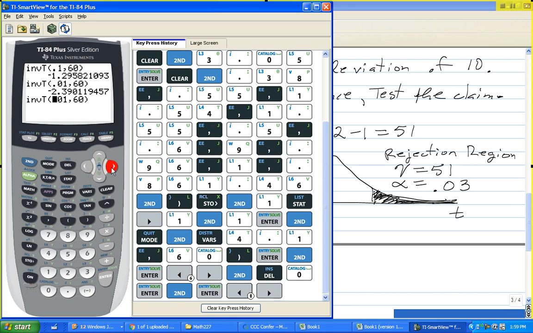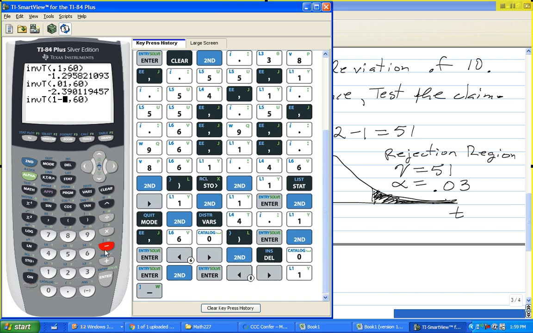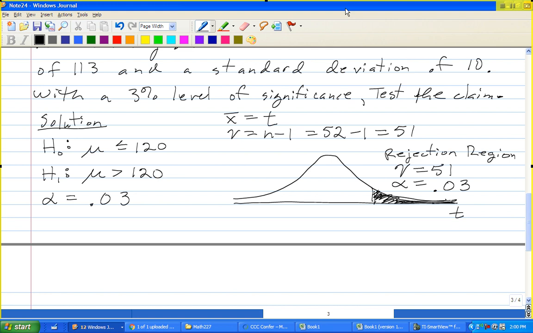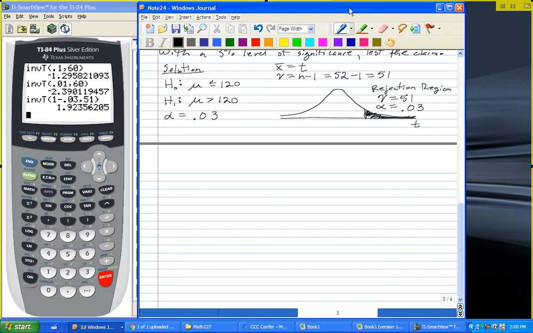So it's 1 minus 0.03, with degrees of freedom 51, and your answer is 1.92356205.